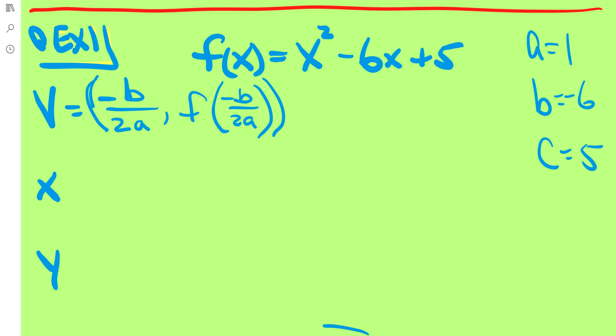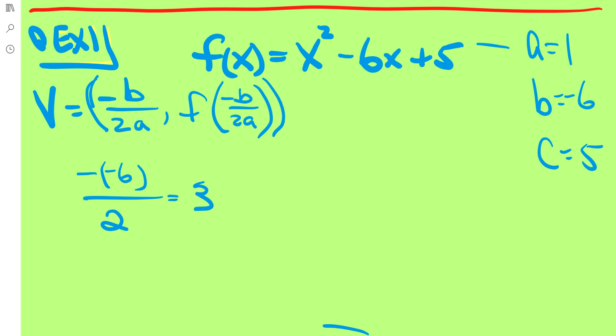Negative b is going to be negative 6 divided by 2a, and a happens to be 1. This ends up equaling 6 divided by 2, which is 3. Now f of negative b over 2a becomes f of 3.